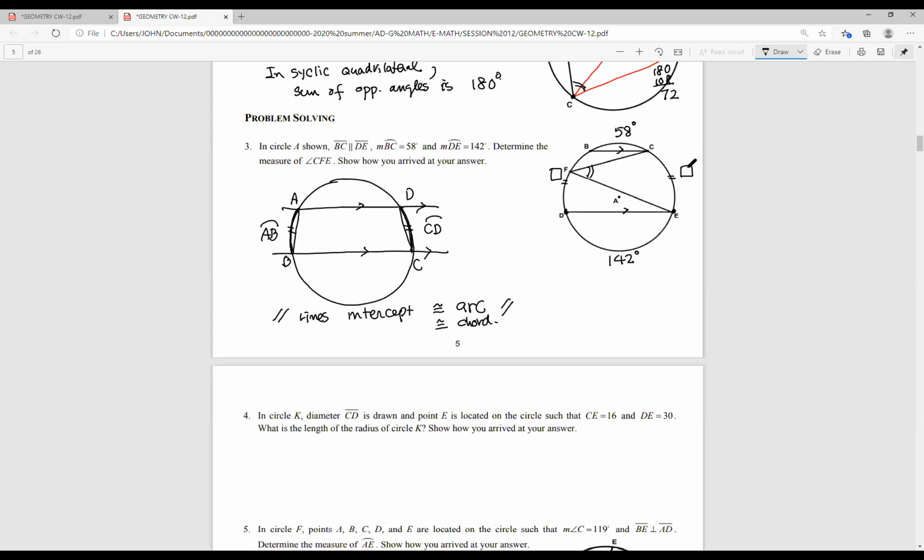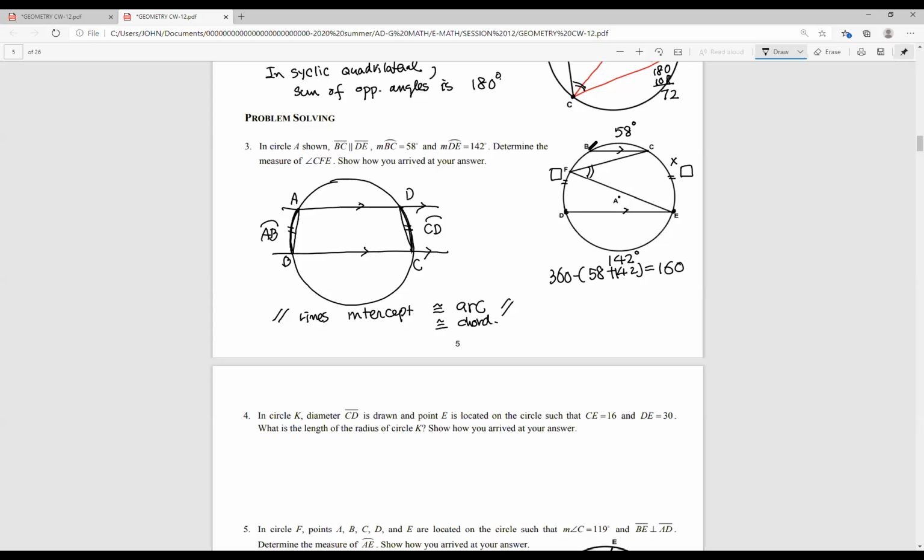Now take a look. If this is x, this is x. Oh, that's one. 360 minus 58 plus 142. 58 plus 142 equals 200. Okay, 200. 360 minus 200 is 160.